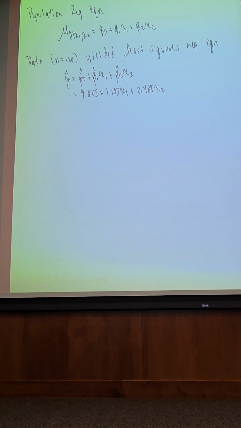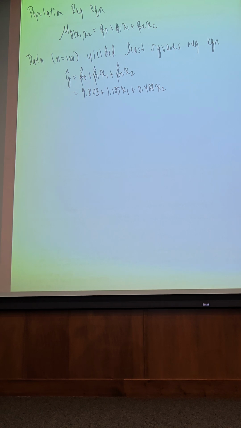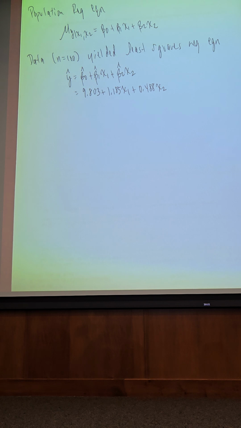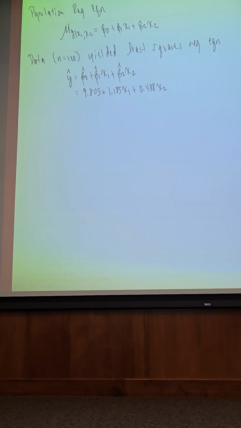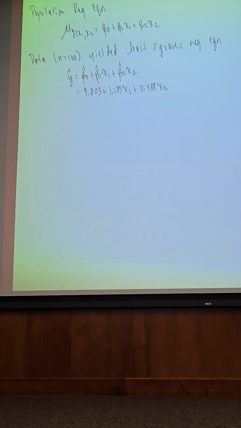I don't have that. All I have is, for the 100 kids that I sample, the least squares regression equation, and I think it is a good guess at the unknown population regression equation that I would get if I had data for all kids.